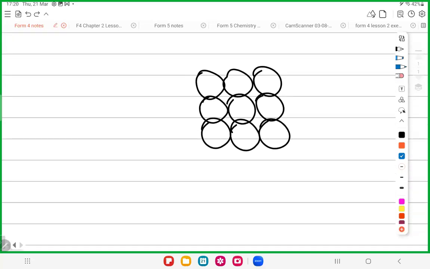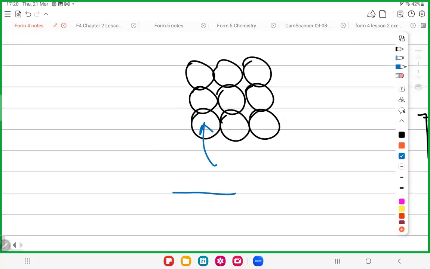Okay, guys, anyone can tell me what is the name of the energy inside the particle? This is something you learned back in Form 2. Okay, good. It's called kinetic energy. All the energy inside the particle is called kinetic energy.